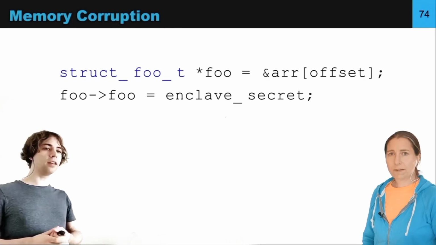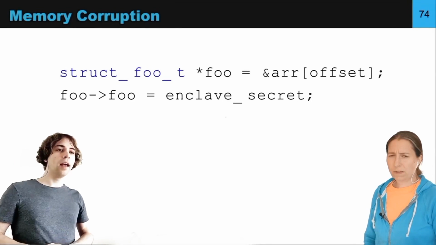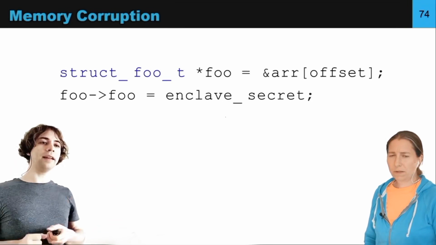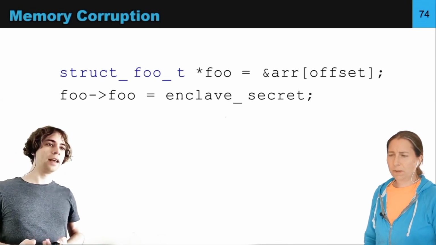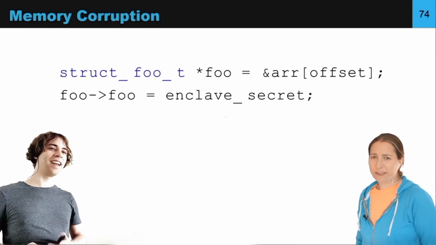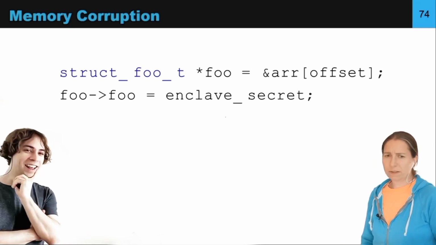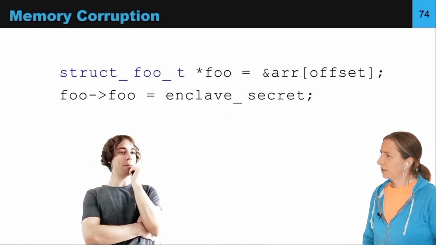For instance, take a simple code snippet like this: we take a pointer to some array offset, and then we want to store something there, an enclave secret, maybe a secret key. But Daniel, what's that got to do with it? There are no multiplications in there, that's just pointer arithmetic. That's right, but pointer arithmetic implicitly uses multiplications.